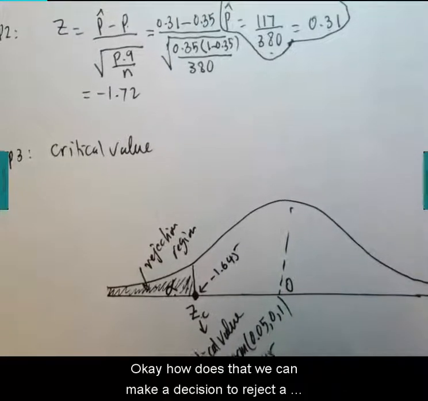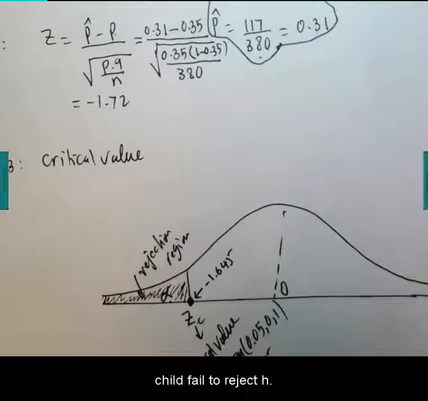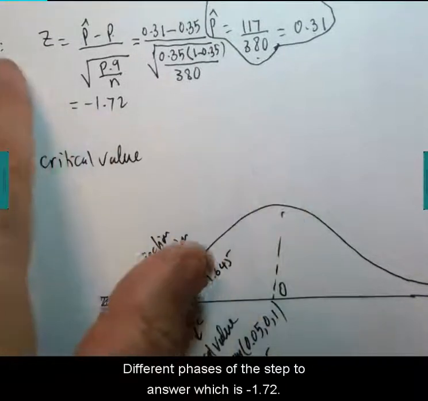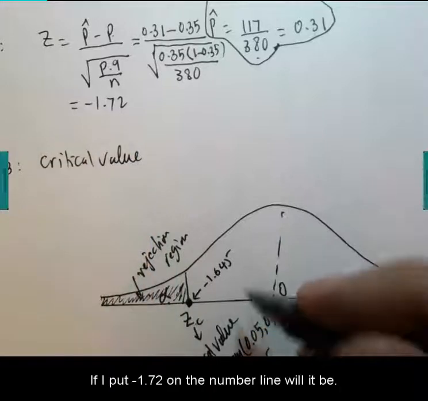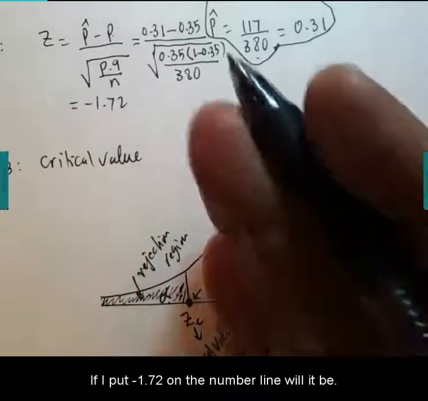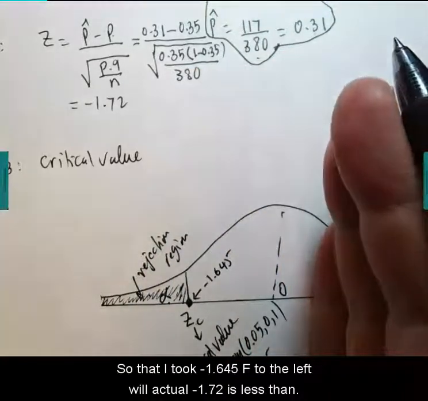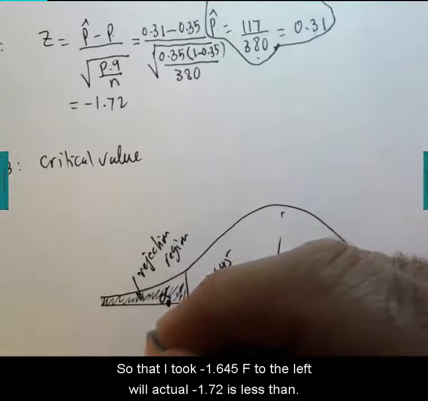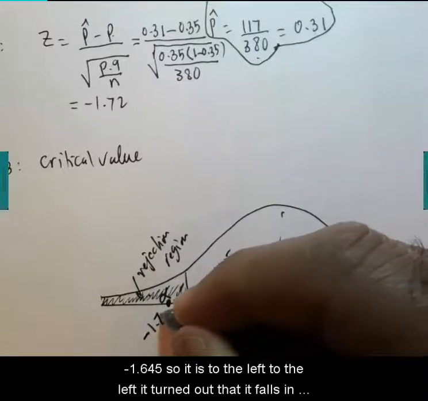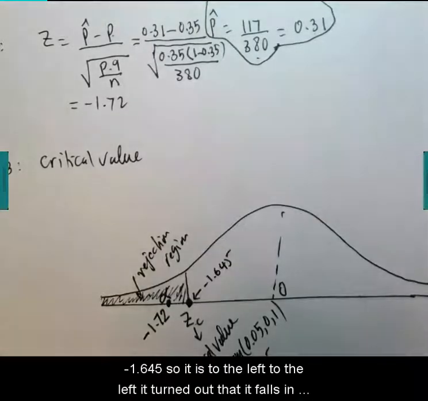Here's how you make a decision to reject H0 or fail to reject H0. You bring the step 2 answer, which is negative 1.72. If I put negative 1.72 on the number line, would it be to the right of negative 1.645 or to the left? Well, actually negative 1.72 is less than negative 1.645, so it is to the left.